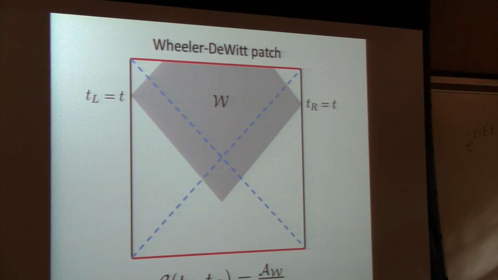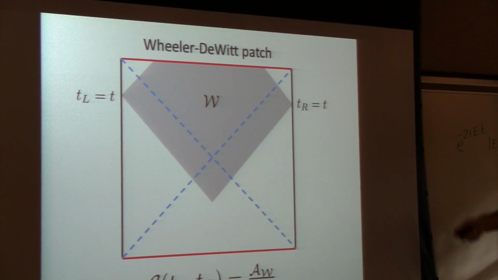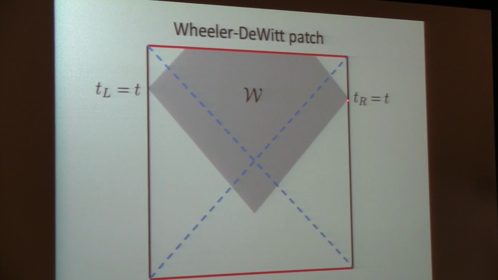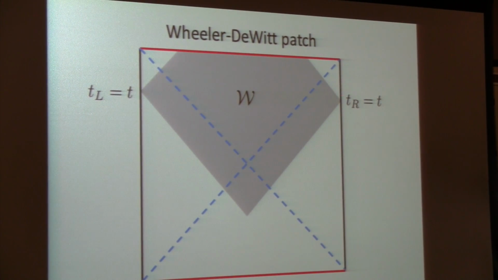The meaning of this region is it's the union of all of the space-like surfaces that pass between the left and the right. So this is one space-like surface, there's another wiggly one, there's this one I showed you before. It's the union of all those choices. So it's something which you should naturally associate with the state of the boundary at these two boundary times.